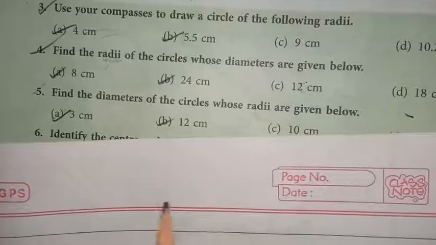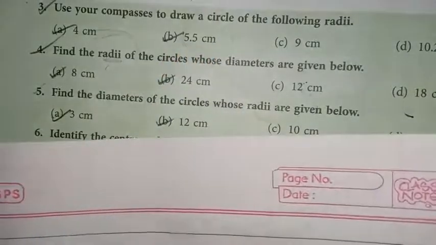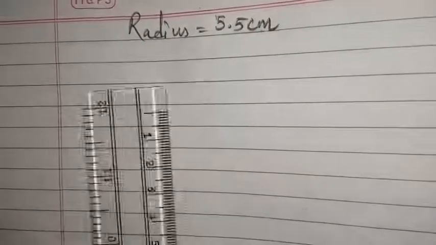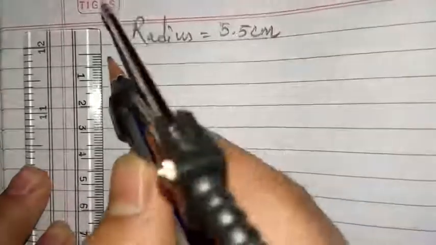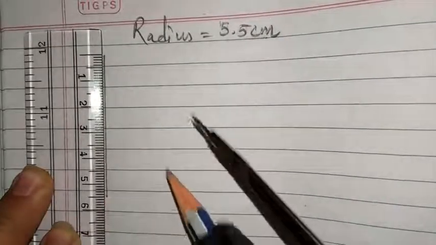Proceeding to the next part we have 5.5 centimeter. So the radius here is 5.5 centimeter. Alright, so we have 5.5 centimeter radius now. First of all, I have already told you, you'll take the measurement. Or one more thing you can do is you can draw a line of 5.5 centimeter. If you are having a problem in measuring the length with the scale, then you can do like this also.